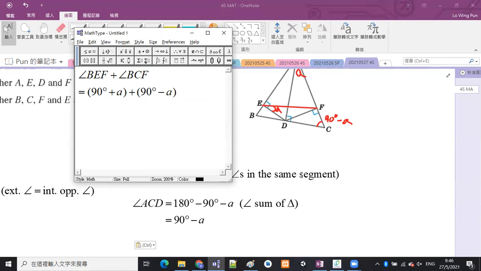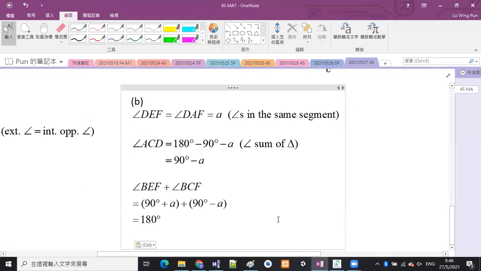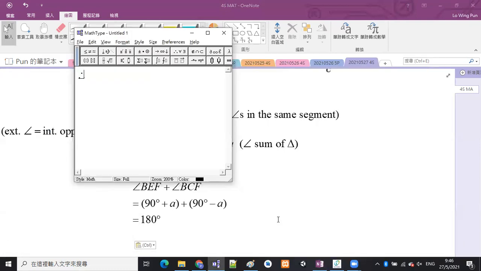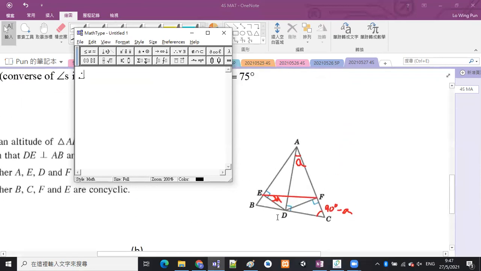Okay. So this pair of opposite angles, when we add them together, the A and minus A will be cancelled by each other. So what is remaining is 180 degrees. Okay. So the sum of this pair of opposite angles is really equal to 180 degrees. Therefore, we can conclude that B, C, F, E are concyclic.